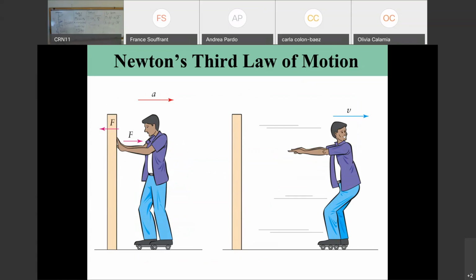That's because of the force the wall is also exerting on you. So remember, on the surface, this seems like a violation of Newton's second law. But in reality, the equal and opposite force of the wall on your hands causes the acceleration. As you push a wall, there is a force pushing you backwards. F equals ma. Action, reaction.